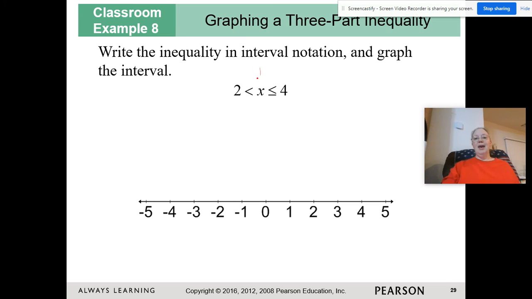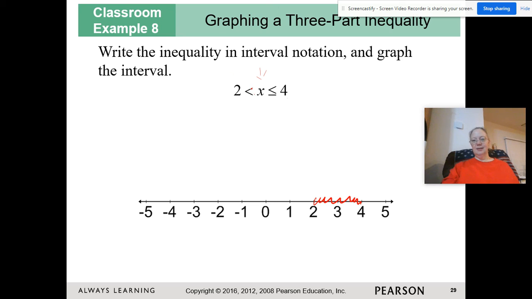When we put an x in the middle, and x is always going to be in the middle, never on the left side or the right side, that tells us that the x values that satisfy this have to be between 2 and 4. So when we graph it, we're going to graph between 2 and 4.